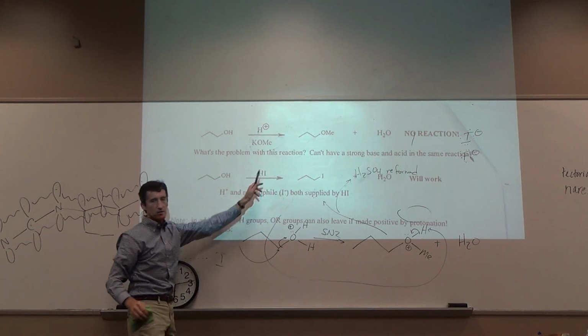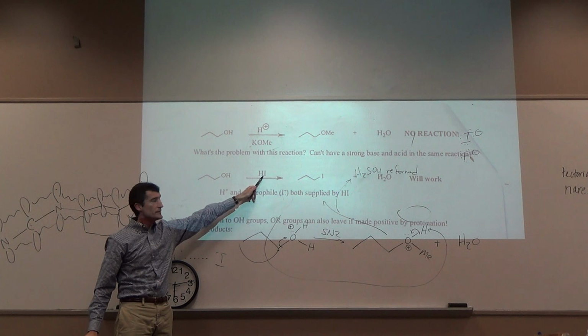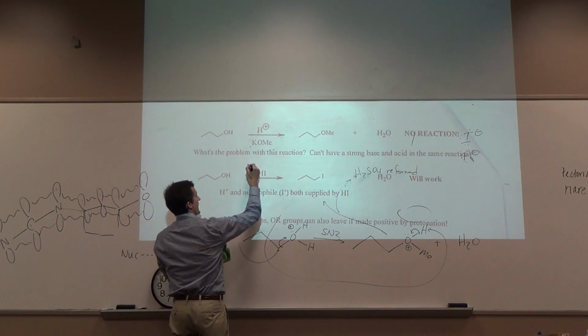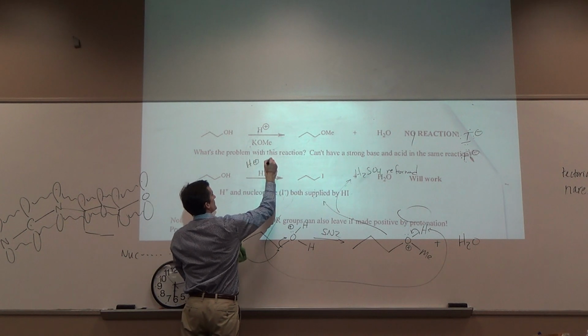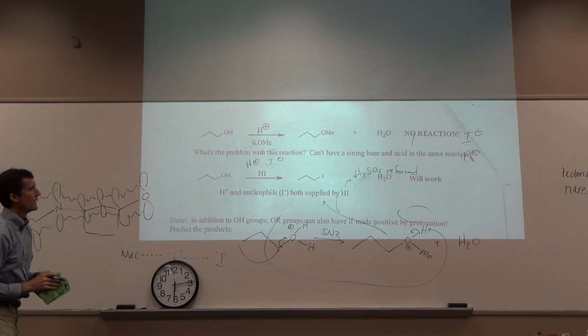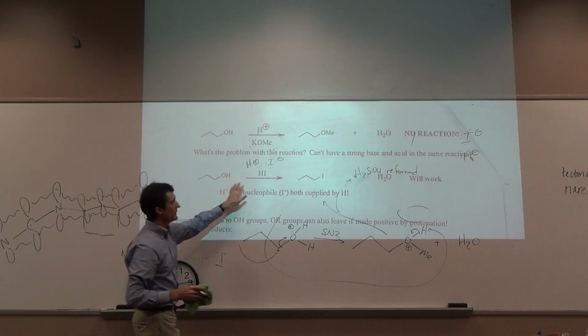Now HX is typically a strong acid, so that'll supply H plus. It also at the same time supplies the nucleophile. So we can show this ionized, H plus I minus. And that plus, show the mechanism for going from here to here.